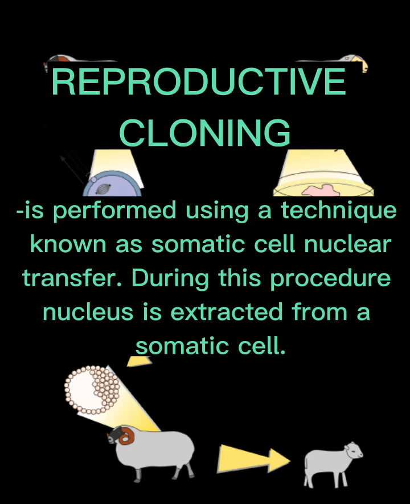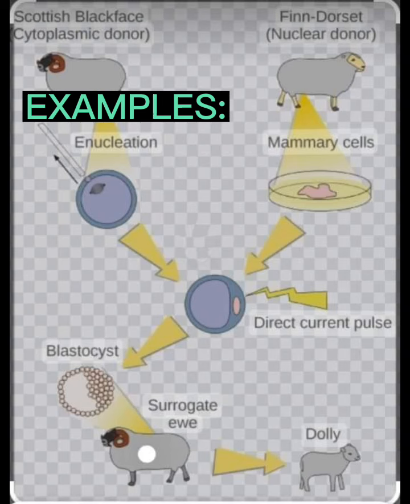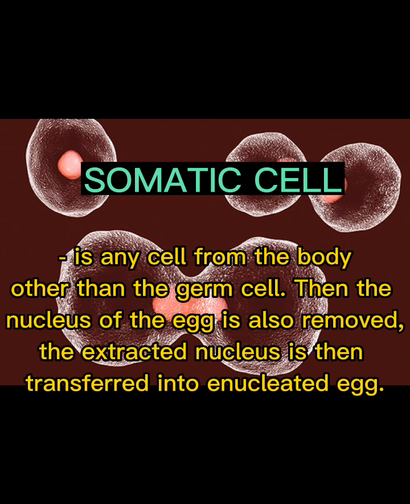During this procedure, the nucleus is extracted from a somatic cell. A somatic cell is any cell from the body other than the germ cell. Then the nucleus of the egg is also removed. The extracted nucleus is then transferred into an enucleated egg.